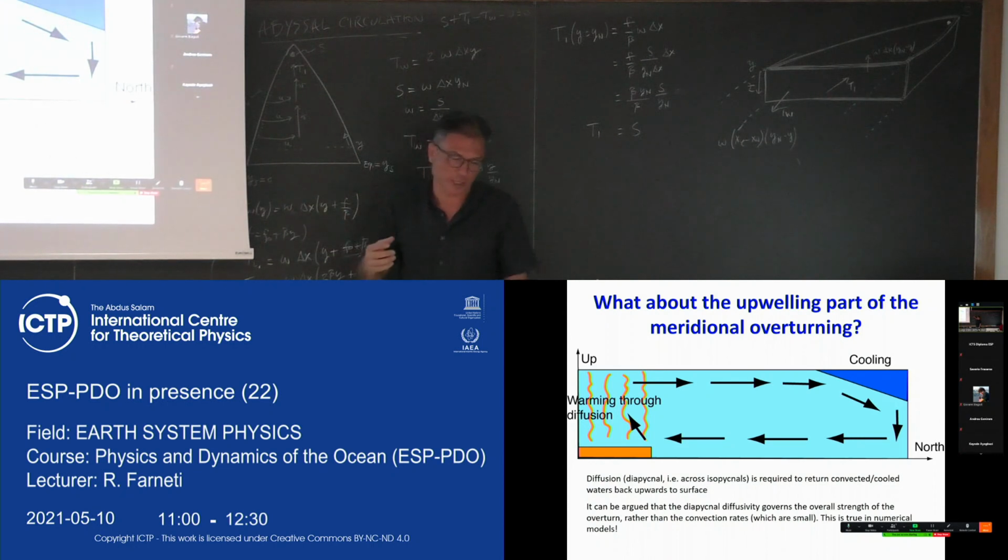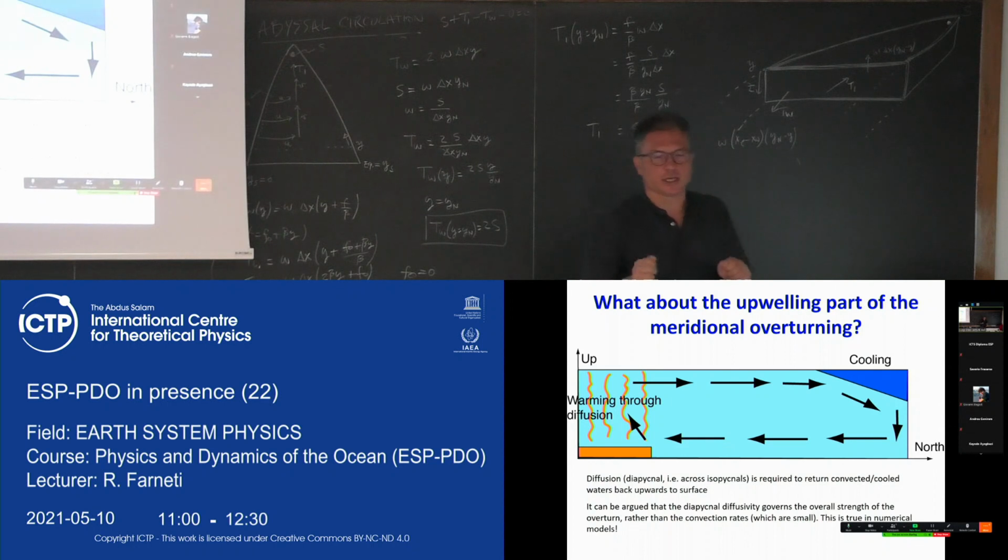And that is actually how you play if you're an ocean modeler and in the model you don't have a very strong deep water production for whatever reason. You cannot change your buoyancy fluxes because those are given by the atmosphere. So what do you do? You increase or decrease vertical diffusivity in the ocean. If you increase vertical diffusivity, you upwell more water, and so you sink more water somewhere else.